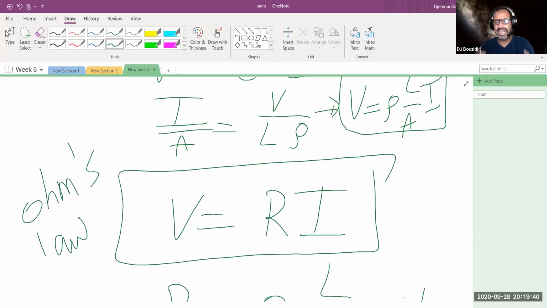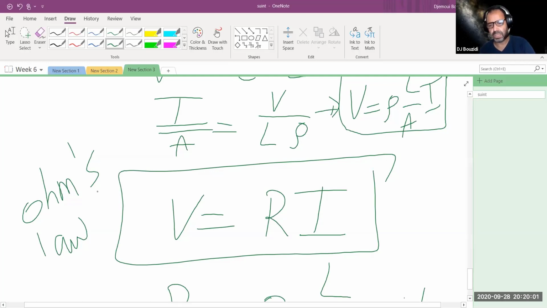Namely, there is a one-to-one relationship between the independent parameter and the dependent one. Usually you apply voltage and then you will see a current. But if you see a current, you know that the voltage is the one that caused it. So I should really be expressed as V over R, to be more specific.